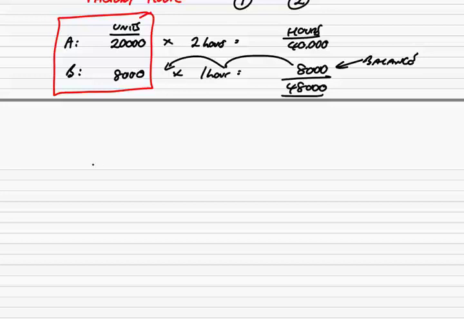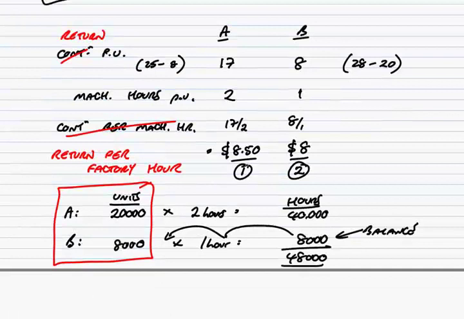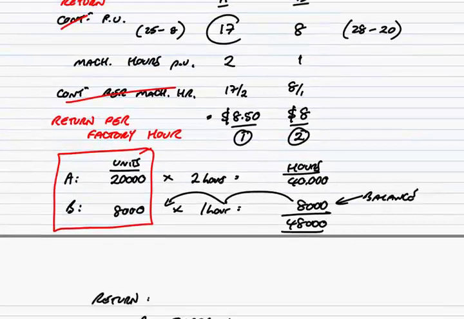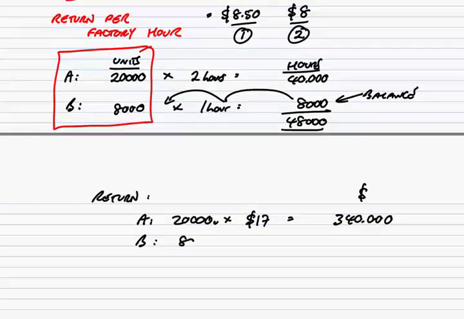Let's do it. First of all, the return will generate. Contribution, but return we call it. No problem. We're making 20,000 A's. And if you look back, each A generated $17. In addition, we're making 8,000 B's.